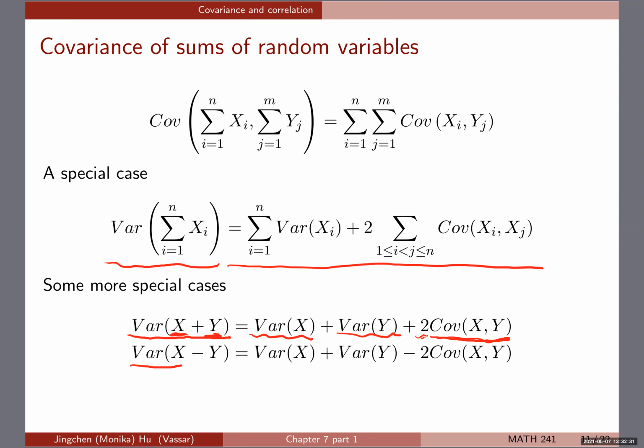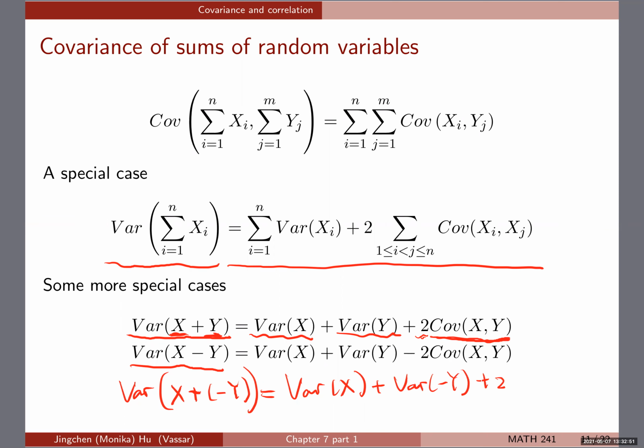And then also if you're working with the variance of x minus y, that is equivalent to doing x plus negative y. So let me write it this way: it becomes the variance of x, plus the variance of negative y, and then plus 2 times the covariance of x and negative y, if we start strictly from this definition, because what we know is only the sum, we don't know the difference.